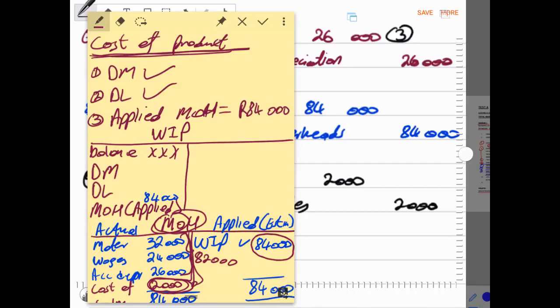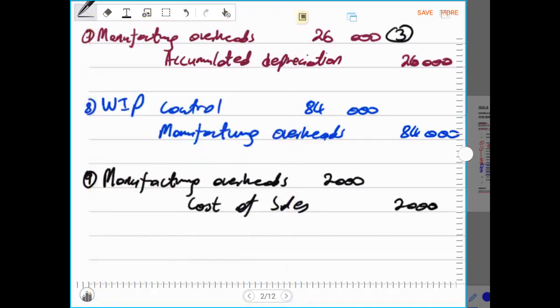Meaning now we have overestimated the cost of the product by the amount of 2,000 rands. Therefore now we have to reduce that cost of the product, which is called cost of sales, by an amount of 2,000 rands. Then after, we proceed to the next entry.